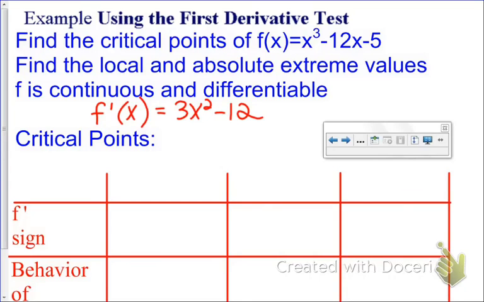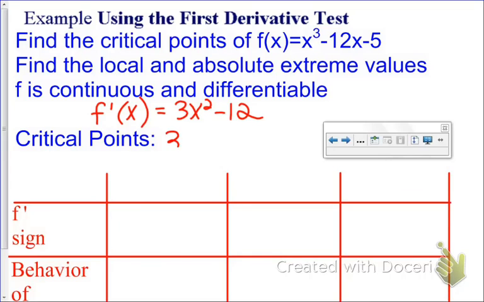Now, since it's telling us that f is continuous and differentiable, we don't necessarily have to worry as much about critical points where the first derivative is undefined. It's just a polynomial function. If you have a denominator or a function that you need to worry about that, you would check where the first derivative is 0 to get your critical points, and where the first derivative would be undefined, where you have a 0 in the denominator, for example, or where you simply don't have any points existing on the graph.